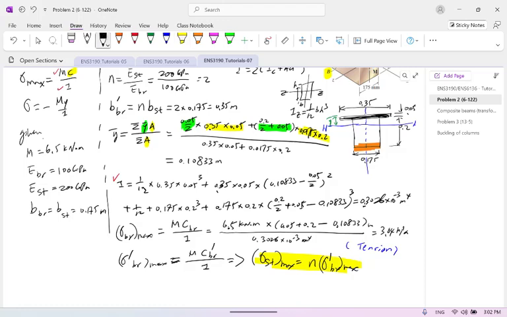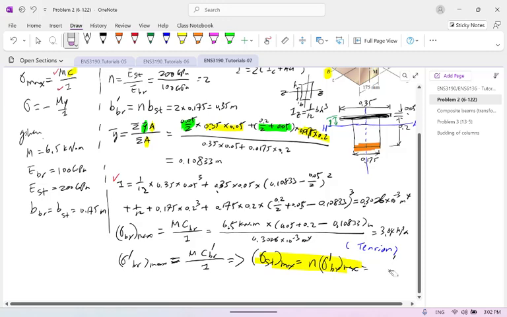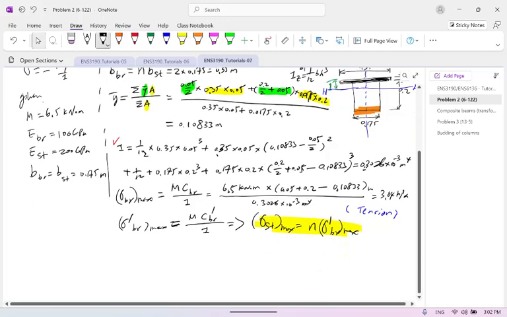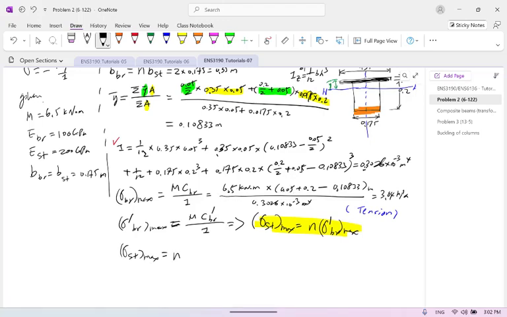So then we can do further, we can work out n M C plus prime over I, okay? And of course, we'll put it down for you, otherwise I cannot write it down. So that's why for sigma steel max, we will see n times M C plus over I.